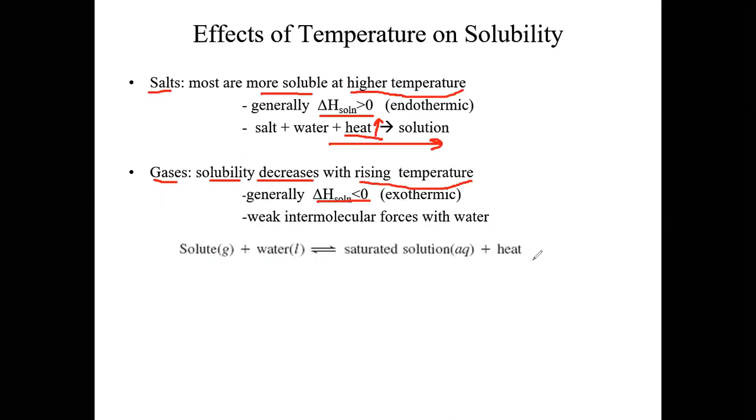So as you add heat, here heat is a product, so it shifts to make more reactant, and your gas is going to come out of solution. If you add enough heat to water, you actually remove the dissolved gases from the solution, which causes the water to boil. So if you want to increase the solubility of a gas, you want to decrease the temperature.